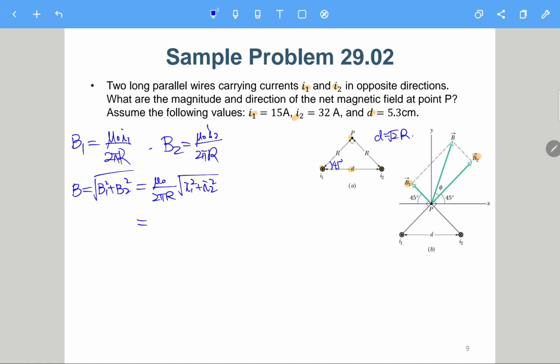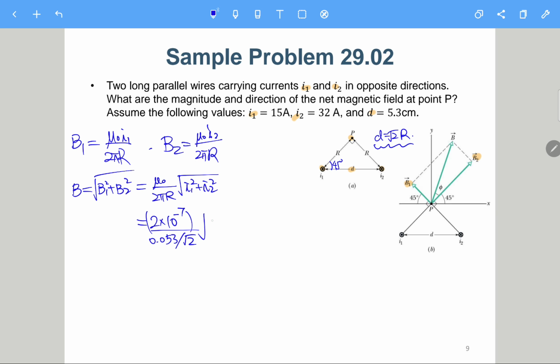So mu is 4 pi times 10 to the minus 7, and then we cancel the 2 pi with 2 pi, so we have 2 times 10 to the minus 7, and then over R. R is d over square root of 2, because d is the square root of 2 multiplied by capital R. So R will be 0.053 over square root of 2.